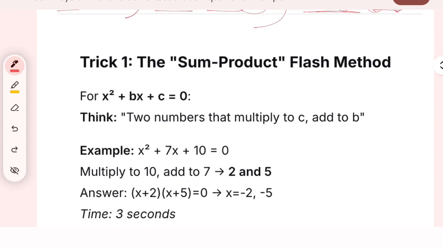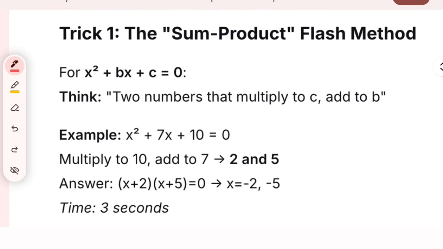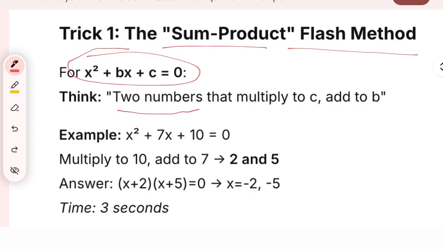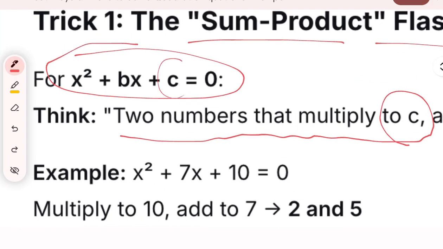And here's another one, and I have been saying this over and over again: the sum product method. If you are given a quadratic equation, what you need to do is find two numbers that when you multiply would result to c, and when you add would result to b.